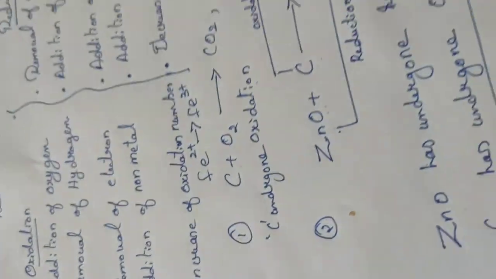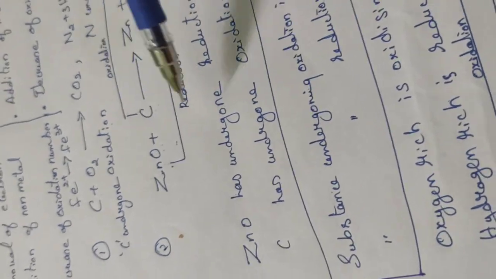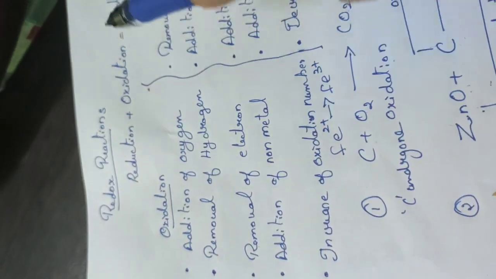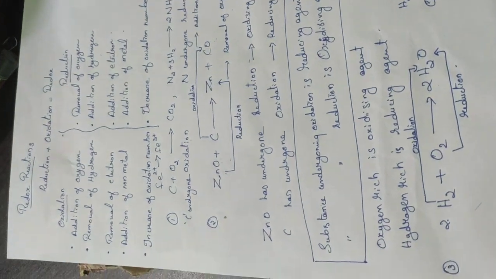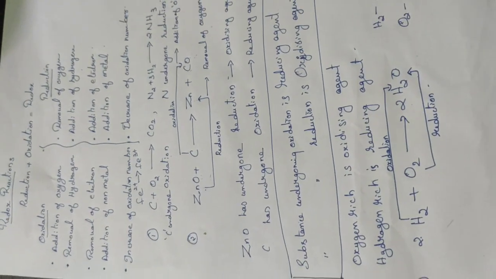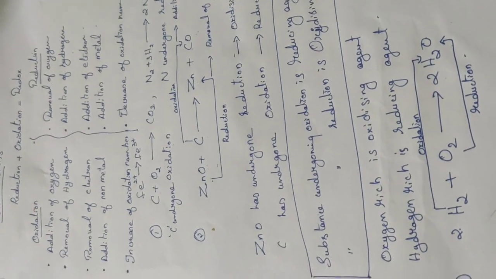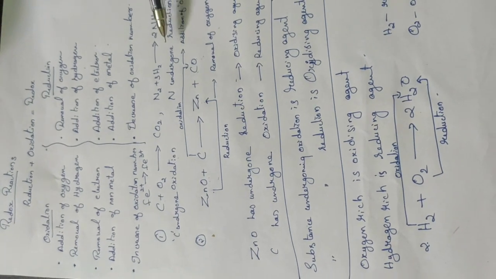Whenever we get equations in which oxygen or hydrogen is present, we can go with this. We can predict which is undergoing oxidation, which is undergoing reduction, and identify the oxidizing and reducing agent. We will try a few more examples using hydrogen, oxygen, again with metal, non-metal, all those things. I hope everything is clear to you. It's a very easy concept.